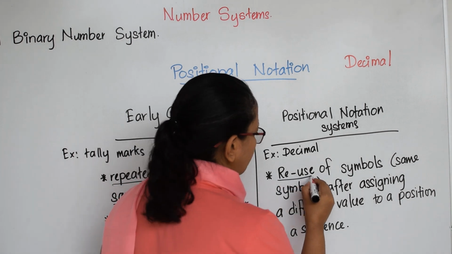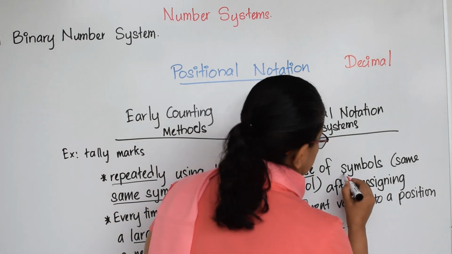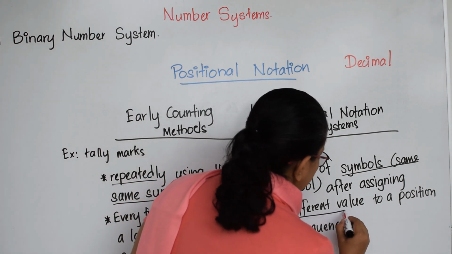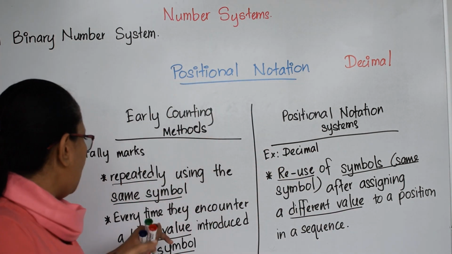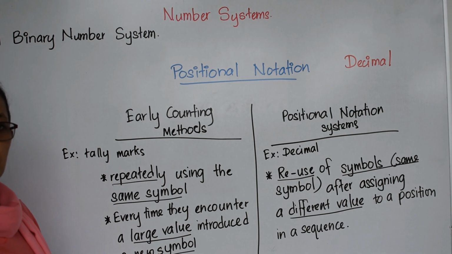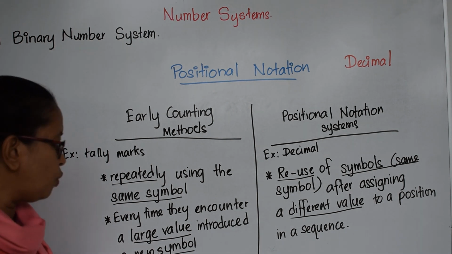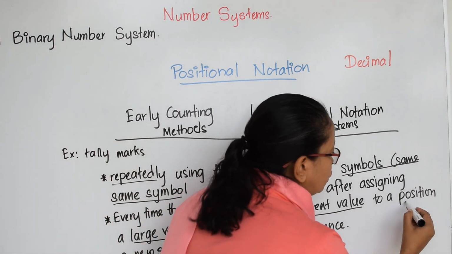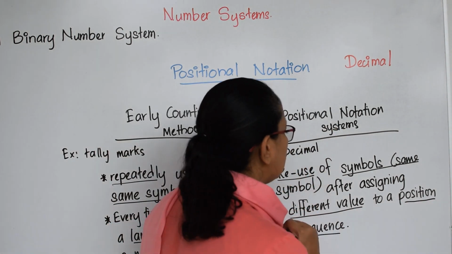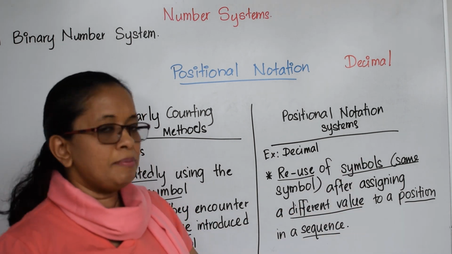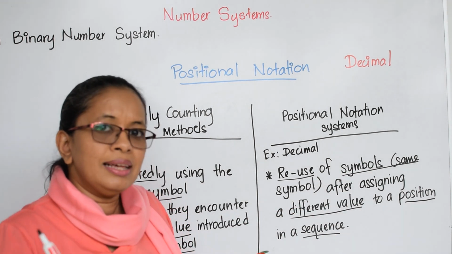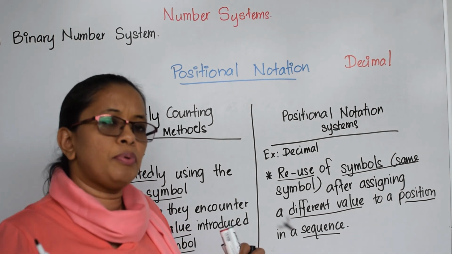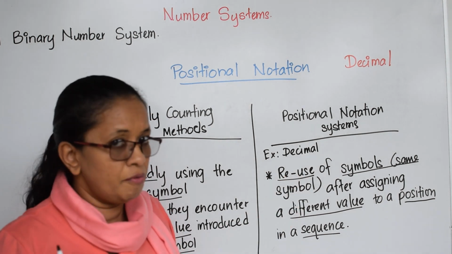It might be the same symbol again, but the specialty is that it had a different value. Here we don't see them repeatedly using the same symbol over and over again. That value is based on a position in a sequence. The symbols are in a sequence and each has a different position, and for that particular position they have given a different value.